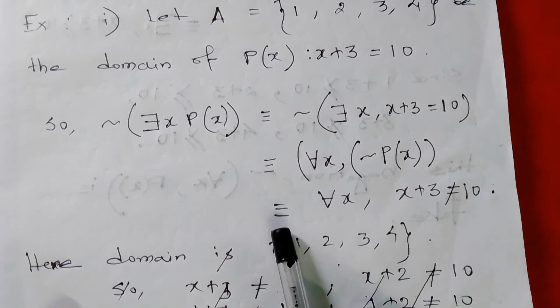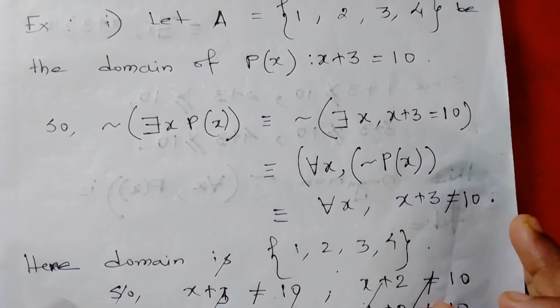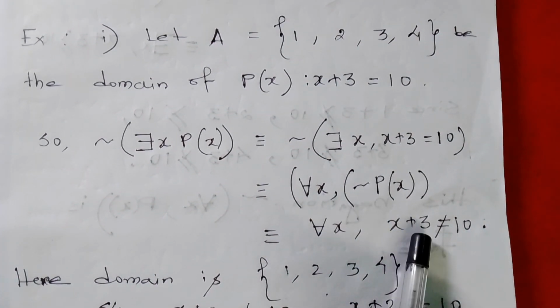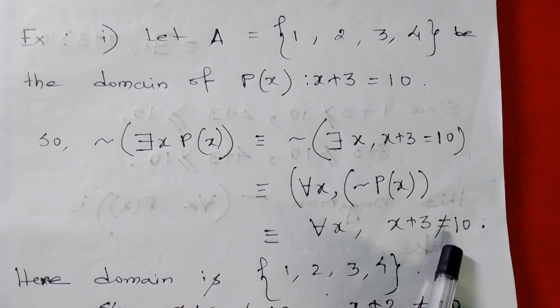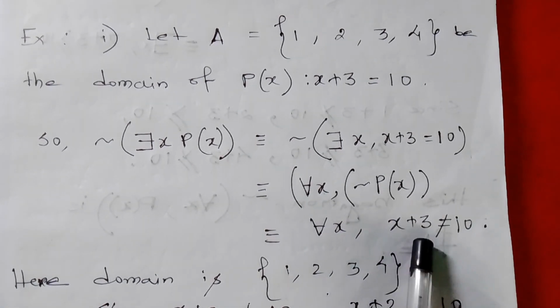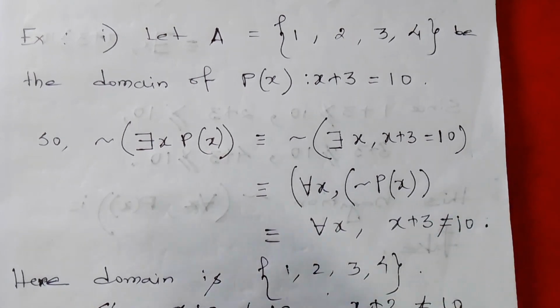Here the negation of P(x) is x plus 3 not equal to 10.